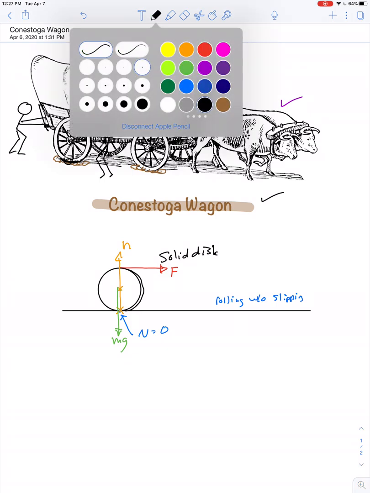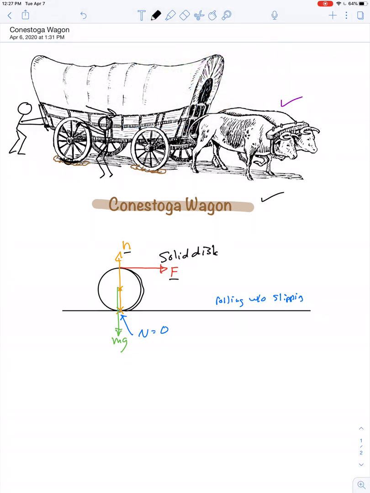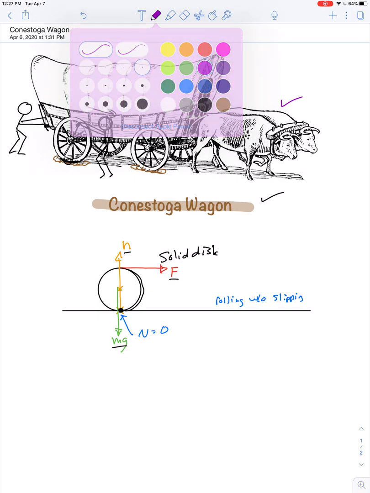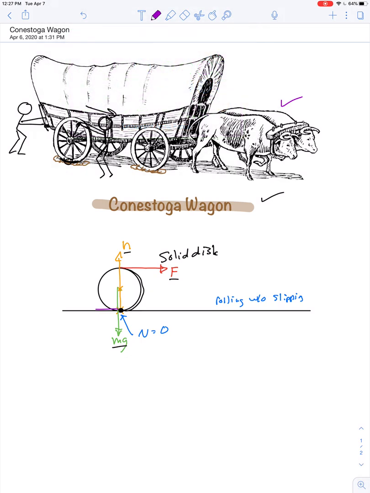Other than the applied force F, the normal force N, and the gravitational force mg, there's a friction force. And I know where the friction force acts. The friction force acts at that contact point. My gut tells me to draw the friction force as a vector that points back in this direction. But all I really know for sure is it's a force that points parallel to the ground.